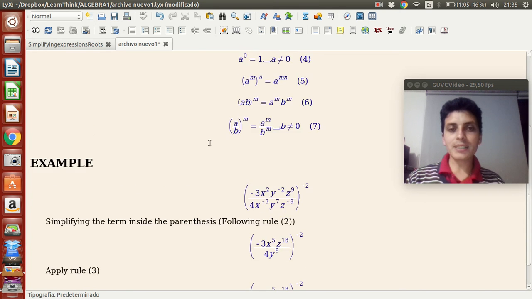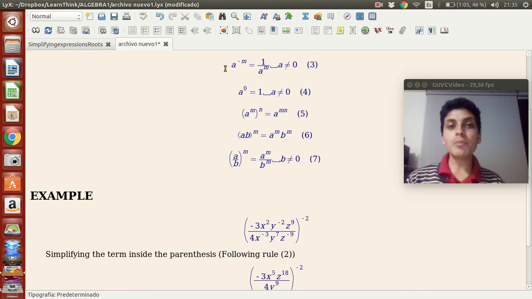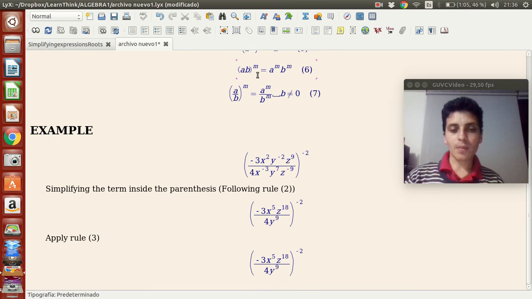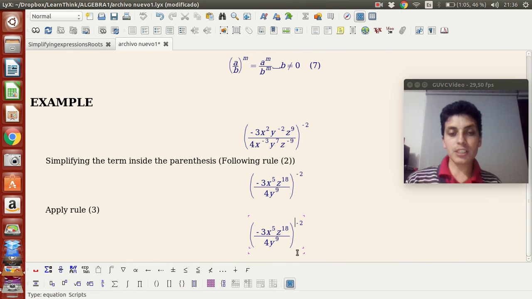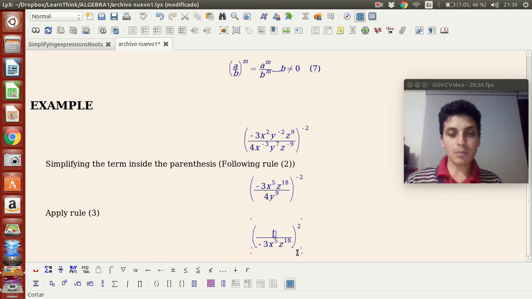And what it says here is that if I have a numerator, I have to pass it as the denominator. And if I have a denominator, I have to move it to the numerator. Very good. So if I change this to positive now, it means that the numerator is no longer the numerator but the denominator, and the denominator will now be the numerator.